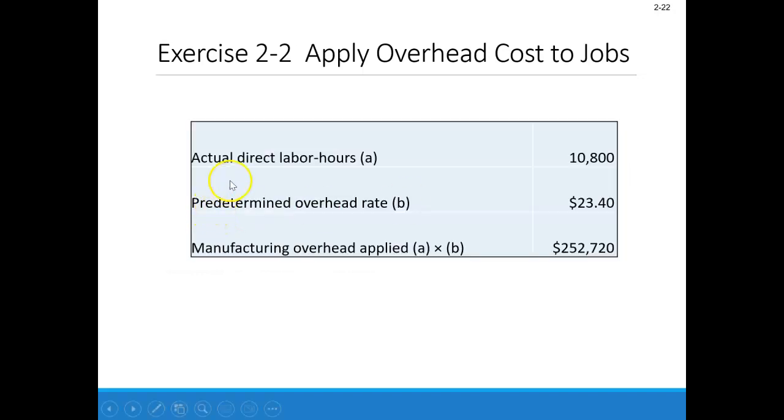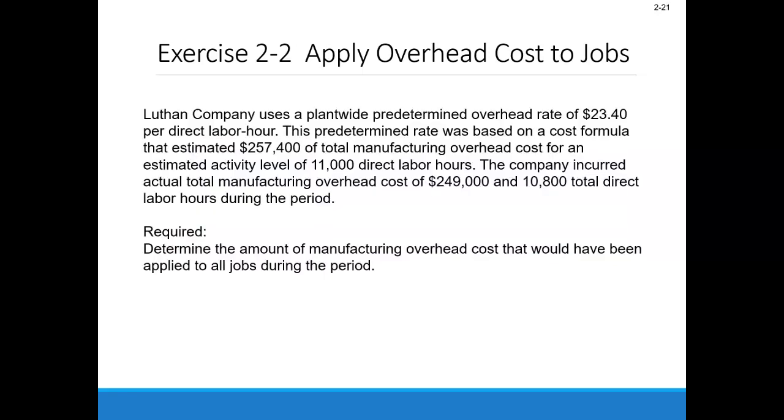We take, because when we apply them, we use actual labor hours times our predetermined overhead rate. So in this example, we would apply actual direct labor hours of 10,800 times our predetermined rate of $23.40. So we would have applied $252,720.